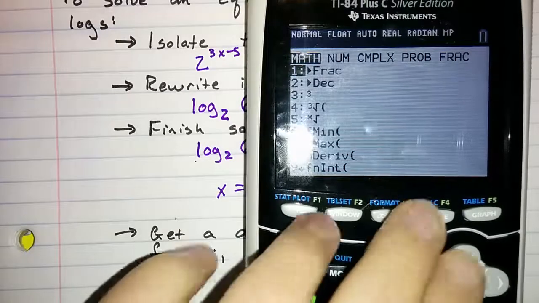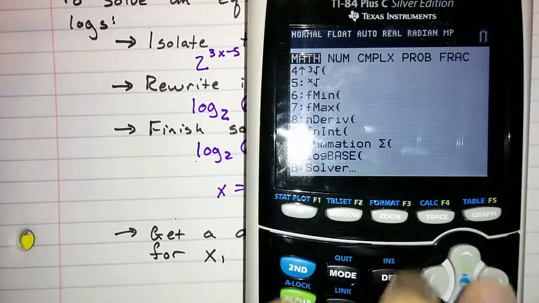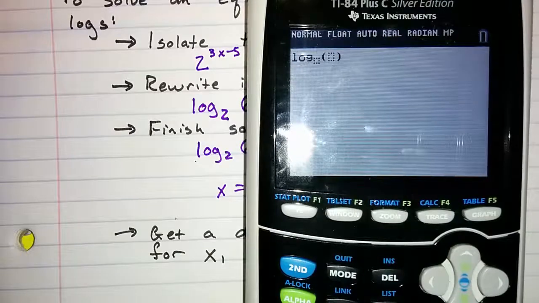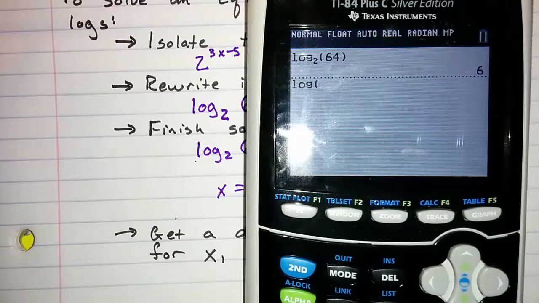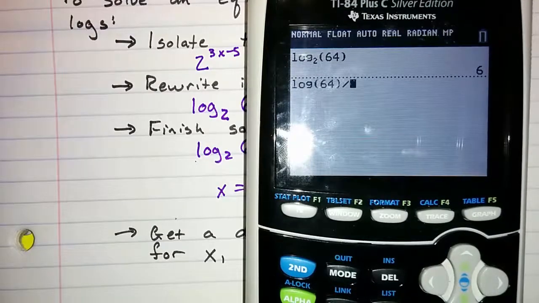Again, if I have that function, I'll use the log base 2 of 64. Oh, it's 6. I knew that, right? 64 is 2 to the 6th. If I don't have that function, I'll take log 64 divided by log 2. I get 6 either way.